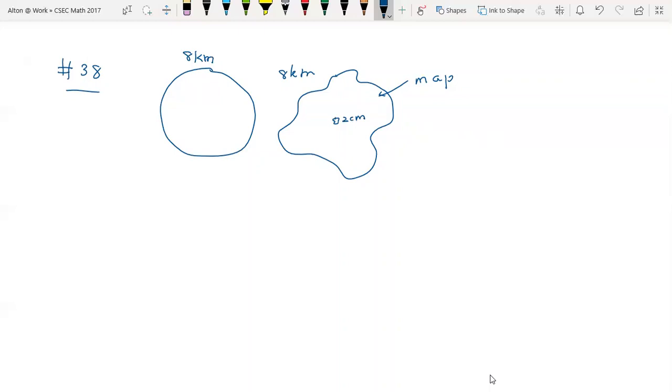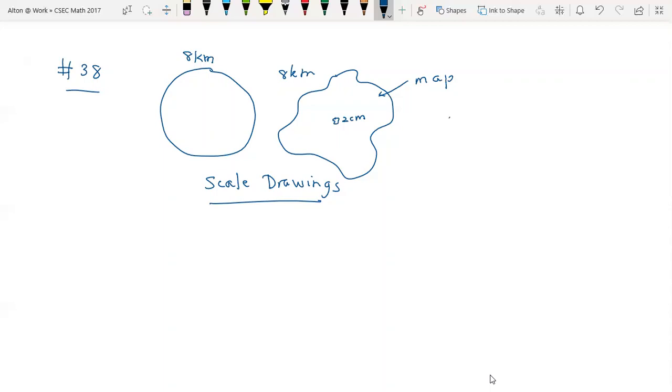So you're talking now about how you interpret scale drawing. Now you need to bring your measurements to the same dimension. So you cannot compare kilometers with centimeters. To determine your scale, you need to convert your kilometers to centimeters. Let's see how we do that.